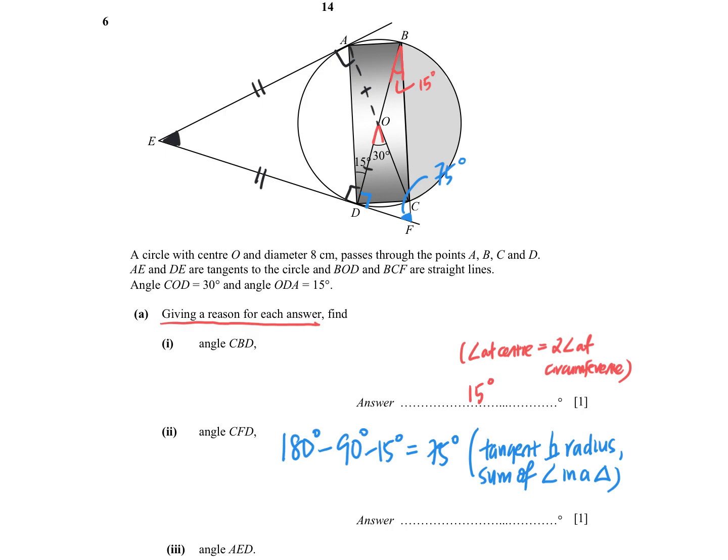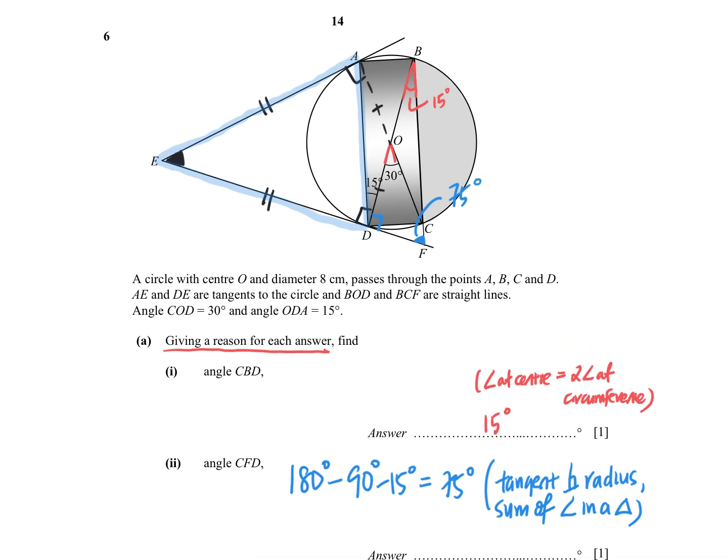You look carefully. This triangle is special. How to find? Find the ADE first. So I go and find ADE, which is 90 minus the 15.